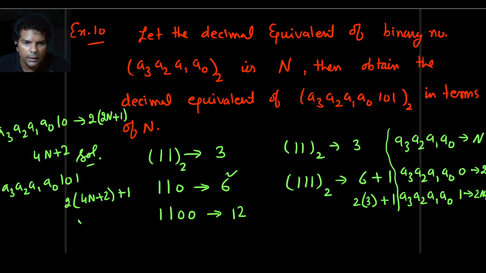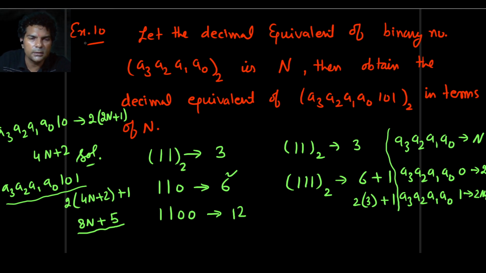So now 8N plus 5. So this is the representation of A3, A2, A1, A0, 1, 0, 1. Now clear? Okay.